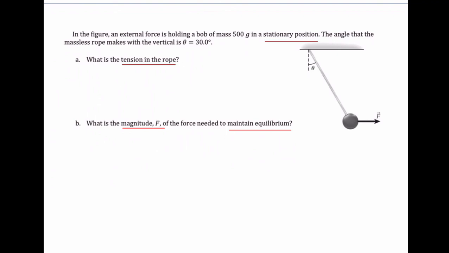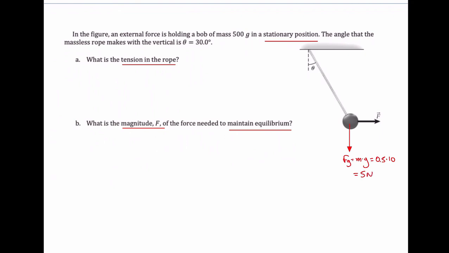Now we always start with a free body diagram in these cases, and the first force that is applied on our object is the force of gravity. Since we know the values, we will substitute, so the force of gravity is mass times g. The mass is 500 grams, so 0.5 times 10, and the result is 5 newtons.